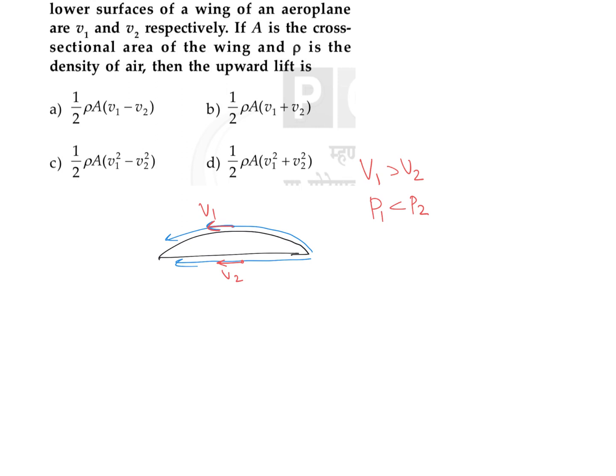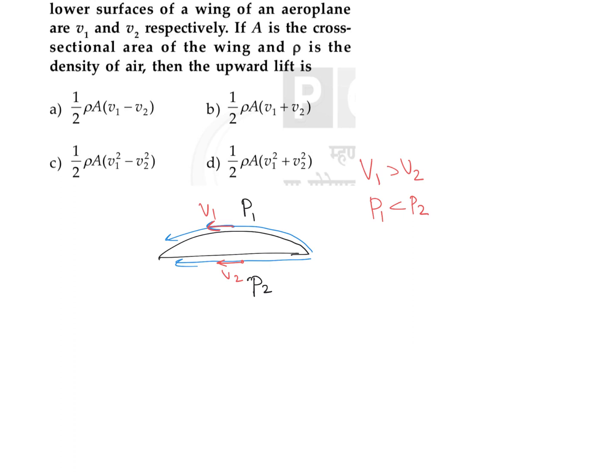So just consider that pressure at the bottom part is P2, and pressure on the upper surface of the wings of the aeroplane is P1. Because of this difference in pressure, there is a force acting in the upward direction.